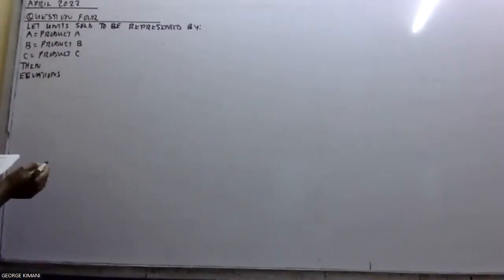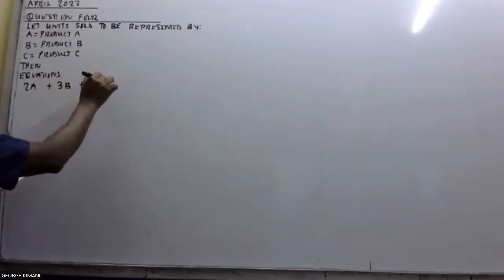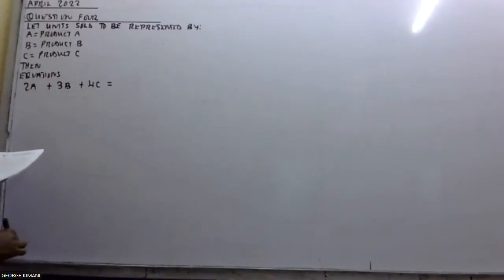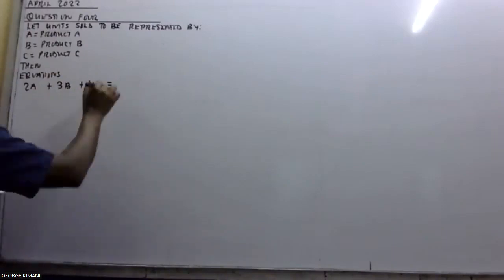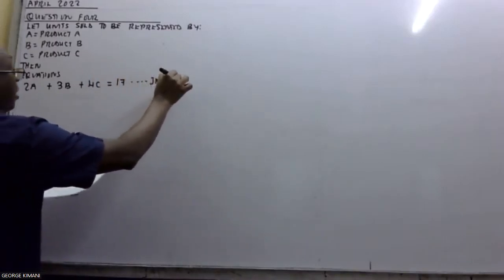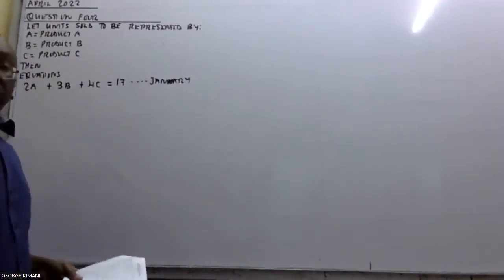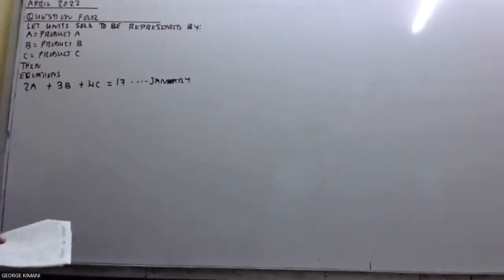If they are in thousands, it will be easier to say 2A plus 3B plus 4C is equal to the profit of the first month, which is 17. Now this is January. Then that will be 17,000.